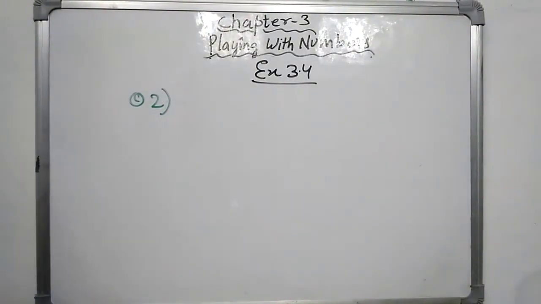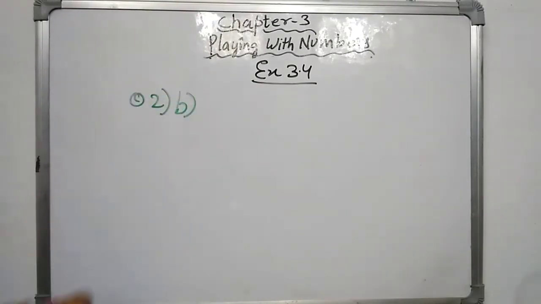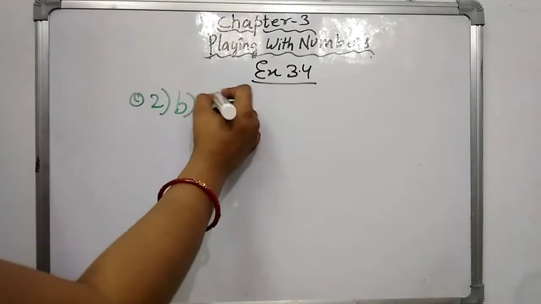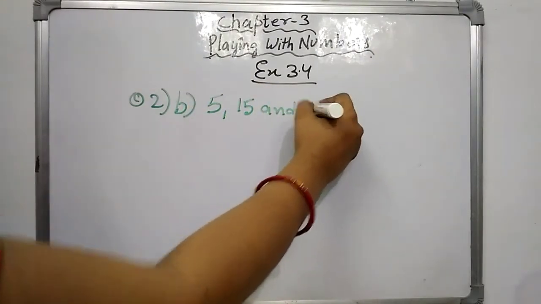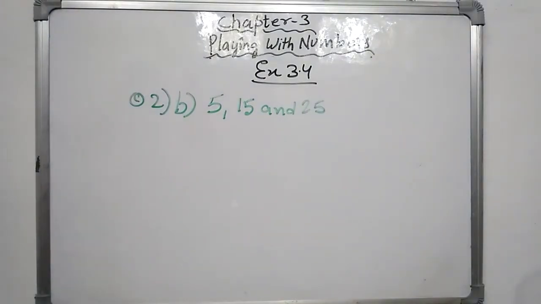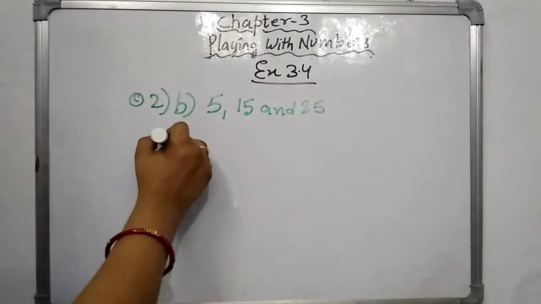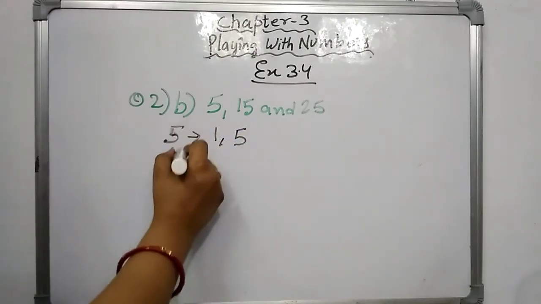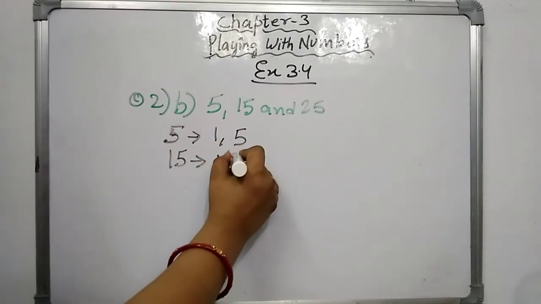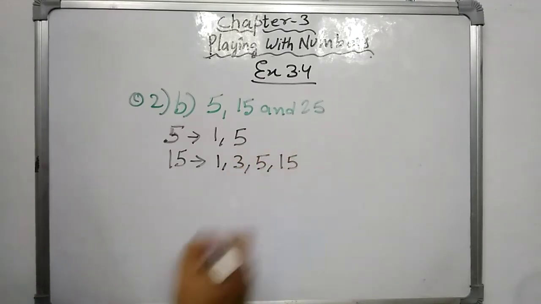Next part. 5, 15 and 25. Write down factors of 5, 1 and 5. Factors of 15, 1, 3, 5 and 15.